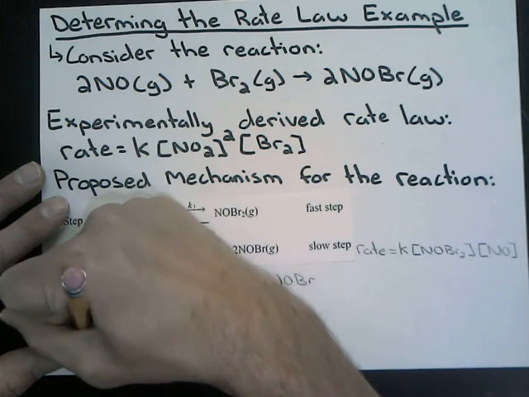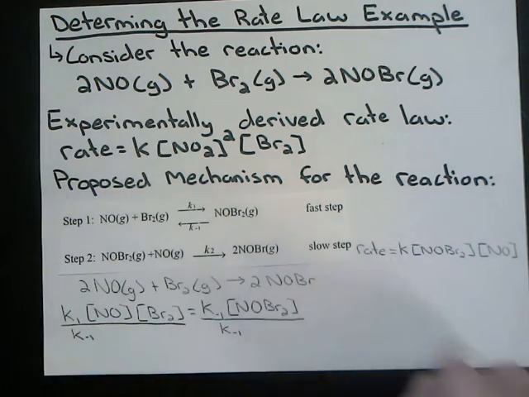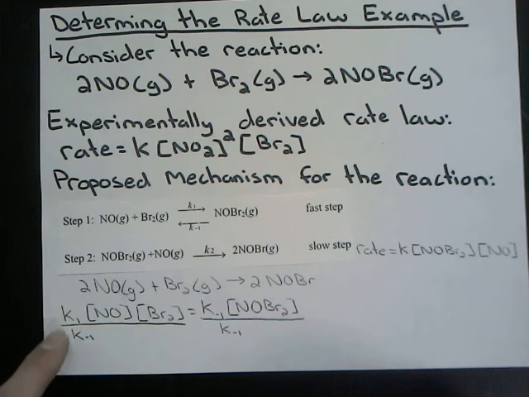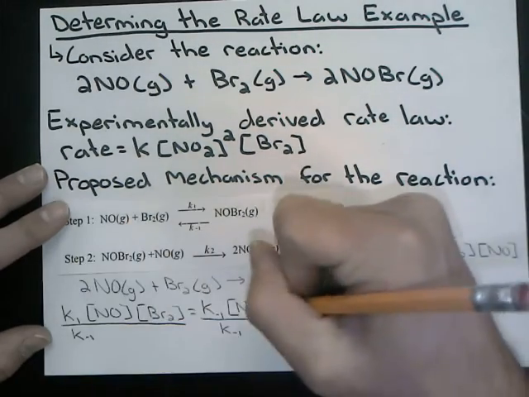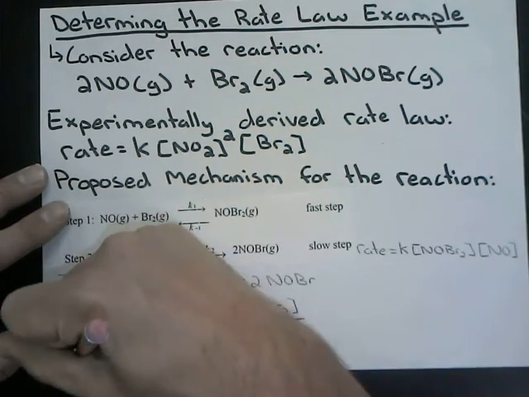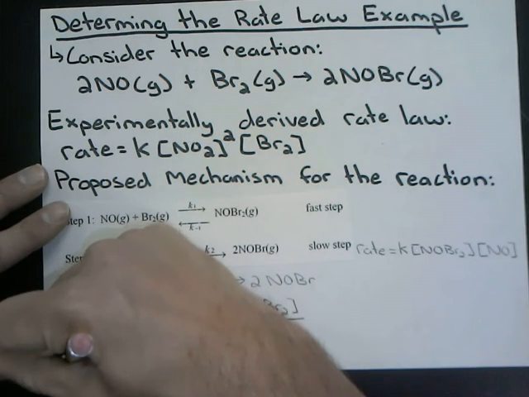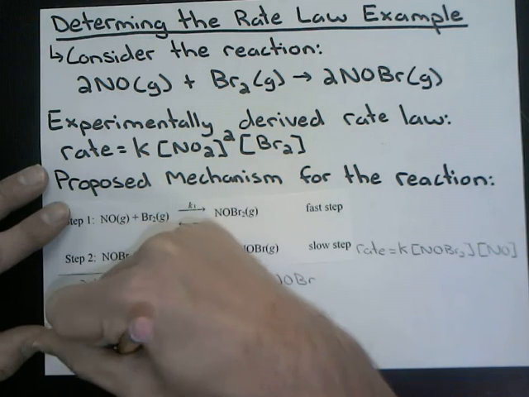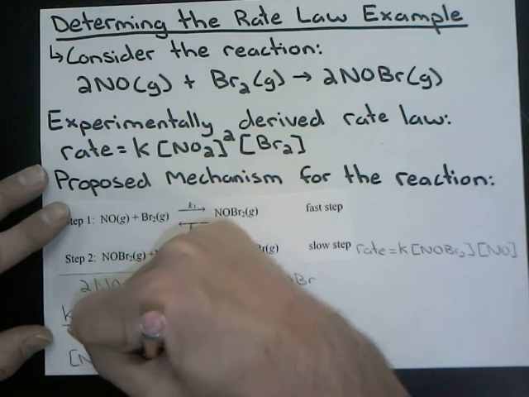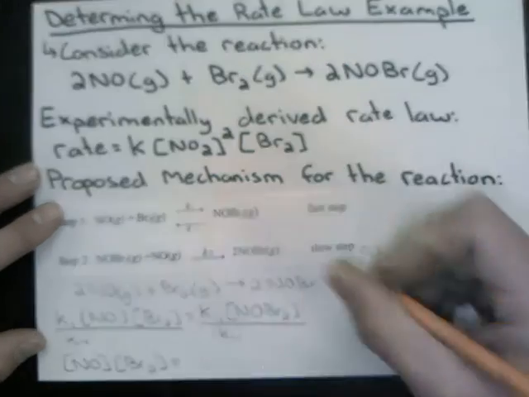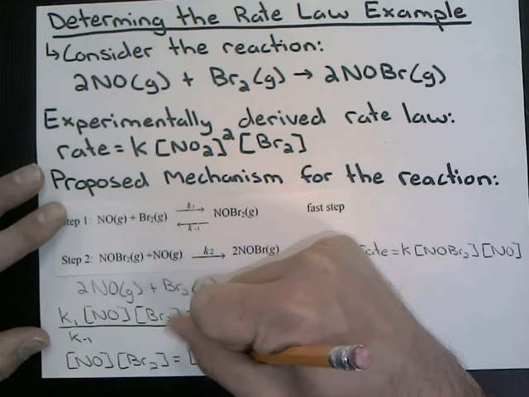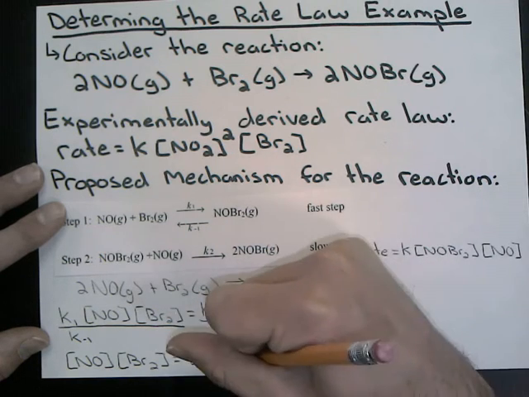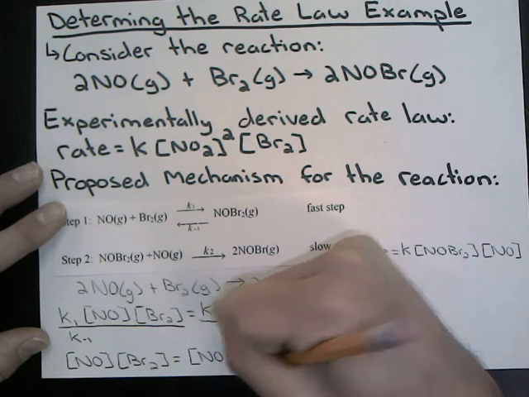Anything divided by its inverse is just going to be 1, so this cancels out to be 1. And so we are left with NO times the concentration of Br2 is equal to the concentration of NOBr2.